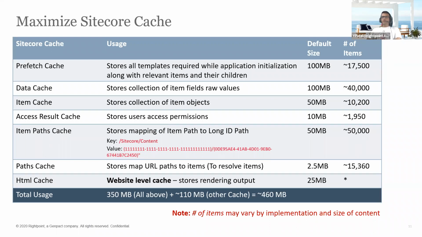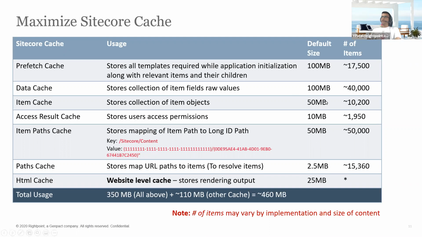Now, when you are reading one item, in English language and one version, Sitecore still reads all those 25 versions and stores all 25 versions of raw data into the data cache, even though you are reading only one version. Unlike data cache, items cache will only store the version you are reading, and it will actually store the item object.